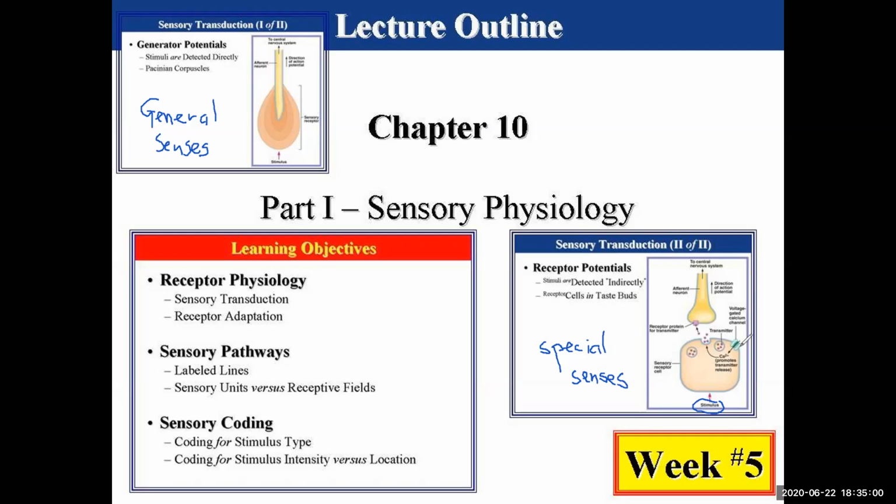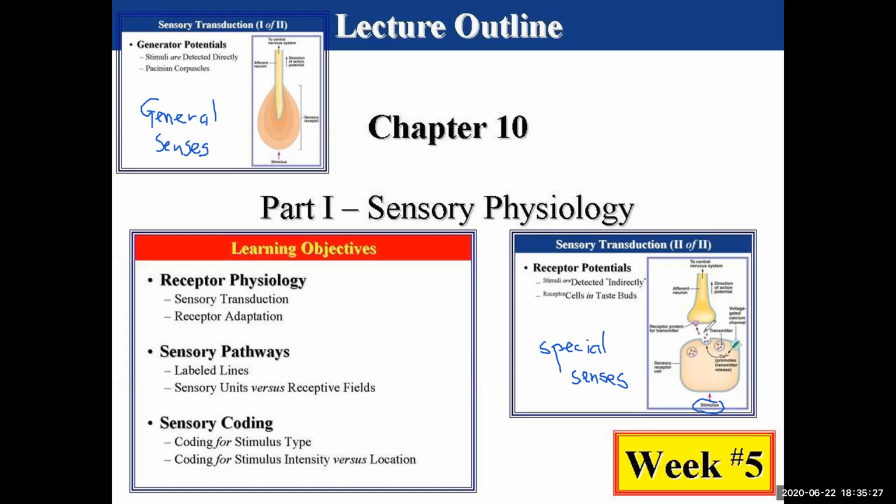That channel opens, leading to a massive influx of calcium, divalent cations, and the influx of calcium induces vesicles containing the neurotransmitters to fuse with the plasma membrane and empty their contents into that microscopic space.